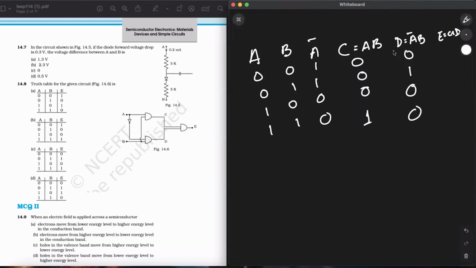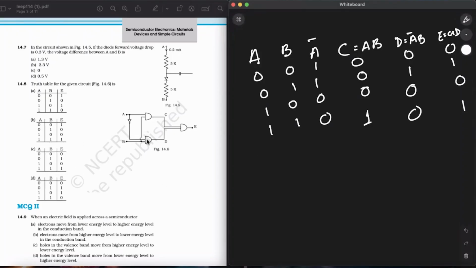E is C plus D. C plus D is an OR. So 0 and 0 will be 0, 0 and 1 will be 1, 0 and 0 will be 0, 1 and 0 will be 1. This is the OR procedure. So we have found the values for E: 0, 1, 0, 1. Now we'll just match it with the truth table. They've arranged it differently.